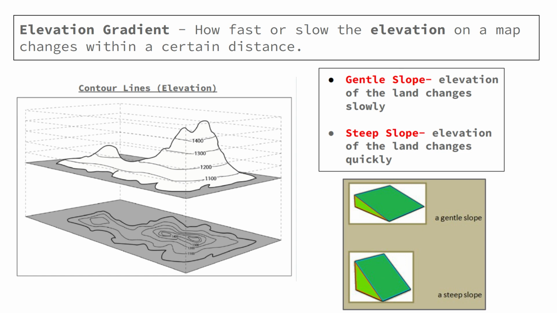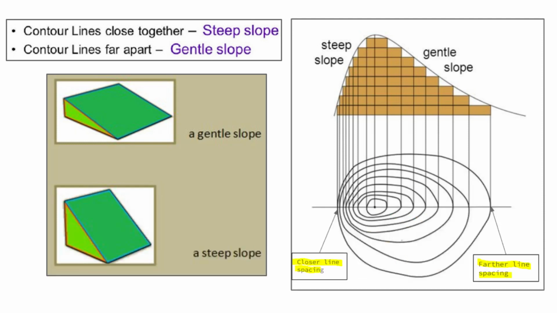Okay, now that we know what gentle versus steep slope is, notice the contour lines for an area of a mountain where we have steep slope versus a gentle slope. Notice that where my elevation is changing faster in areas where I have a steep slope, my contour lines are also closer together. This is showing my elevation is changing much faster within a certain distance.